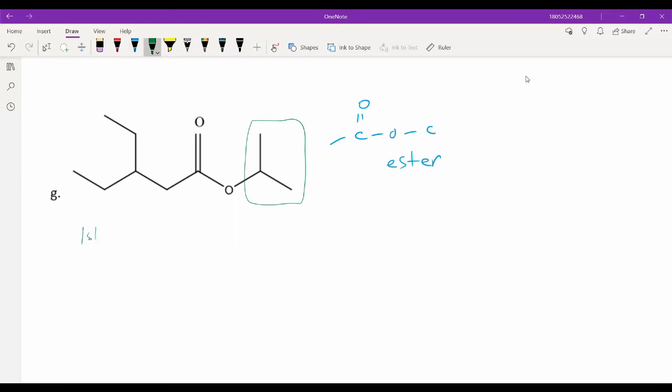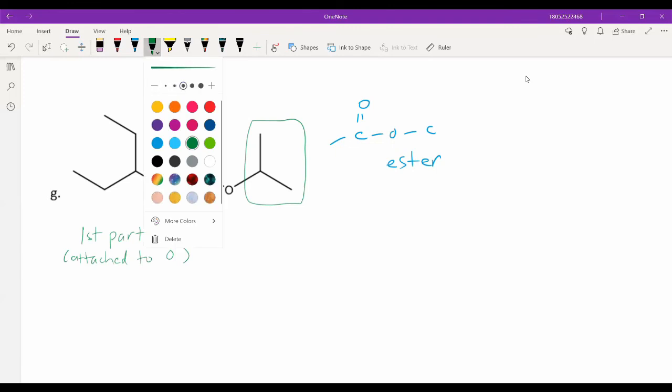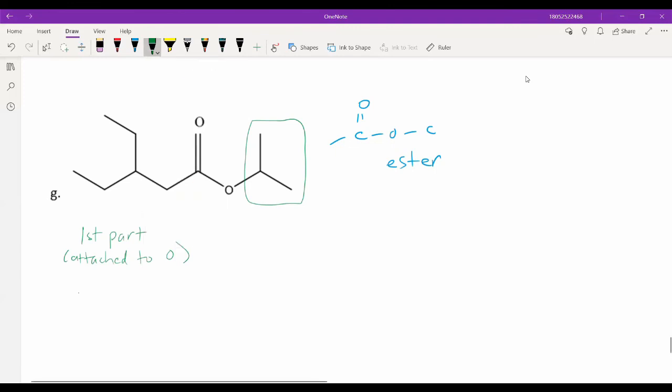So the first part of the name is attached to the O, and that's going to be, in this case, isopropyl, if you recognize that. 3 carbons, right?